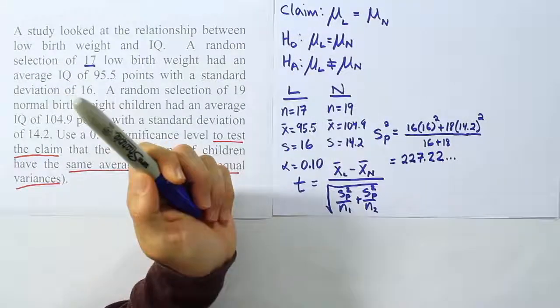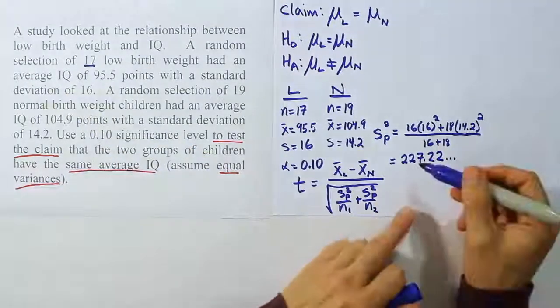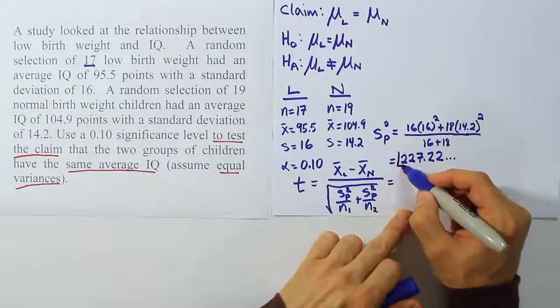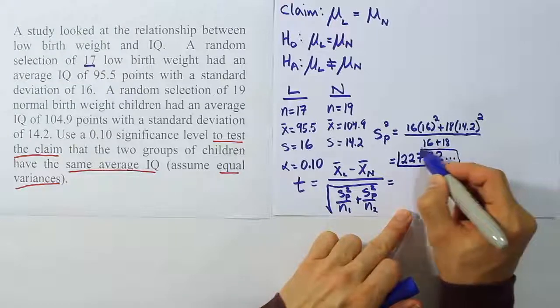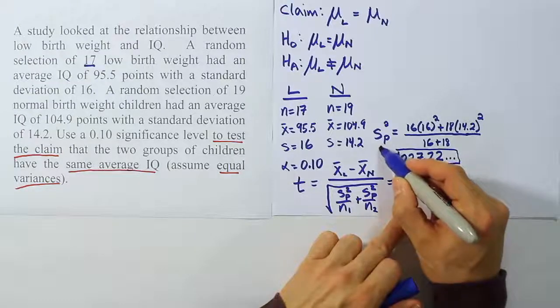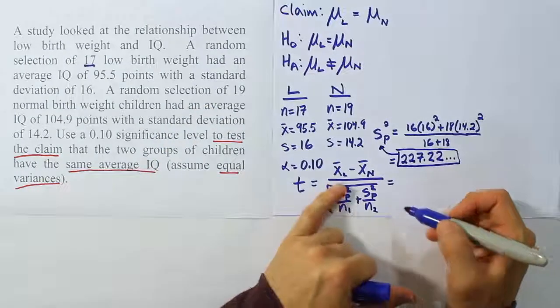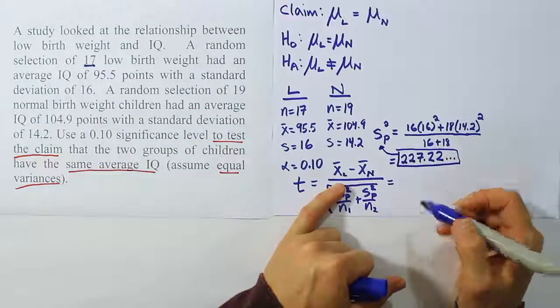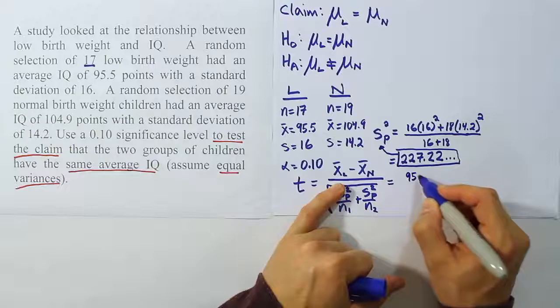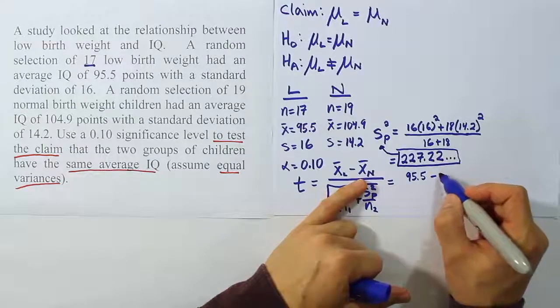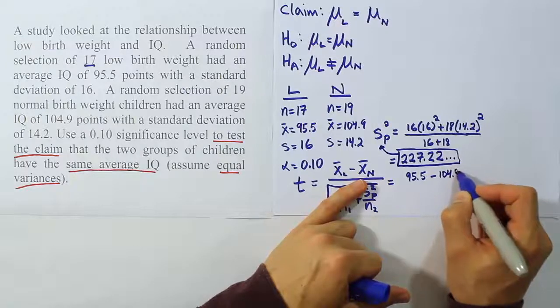Okay, so to use it then, what we're going to do is take that answer and plug it into this formula for the test statistic. So remember, this is the value that we got for SP squared. We're going to use that now in our formula. So the X bar for the lower birth weight children is going to be 95.5 minus the X bar for the normal weight children, which will be 104.9.